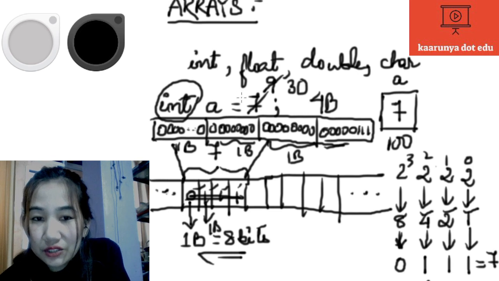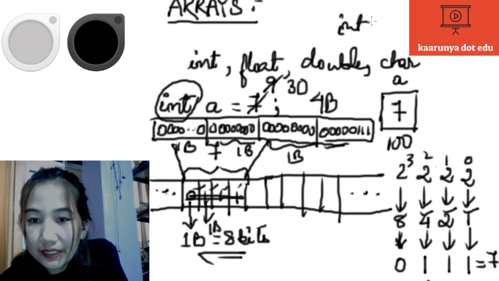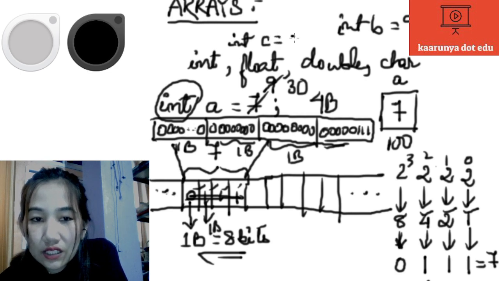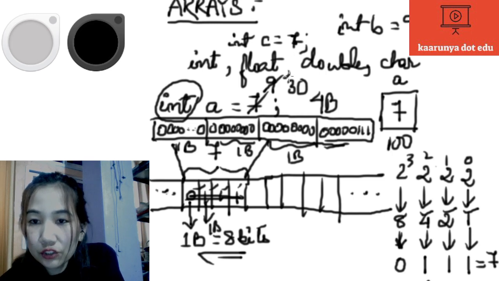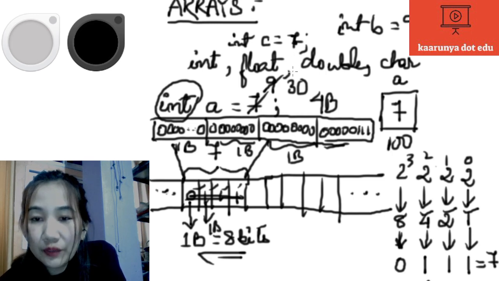You may be telling, ma'am, we can take another variable int b, we may take another variable like int b is equal to 9, and another variable called int c is equal to 7. Yes, of course we can do it.